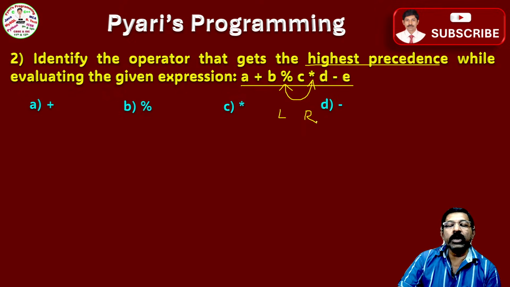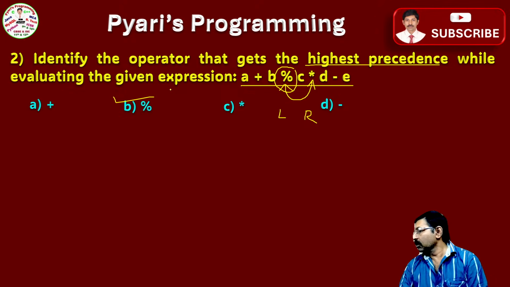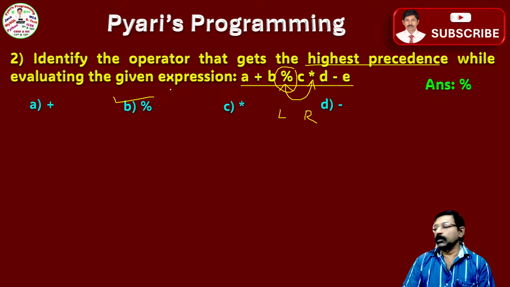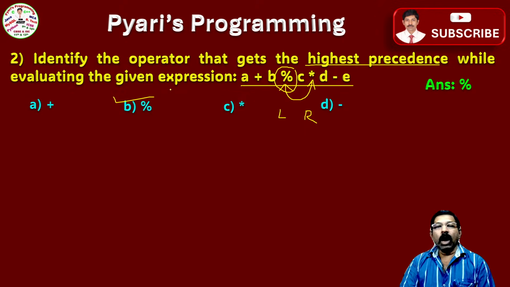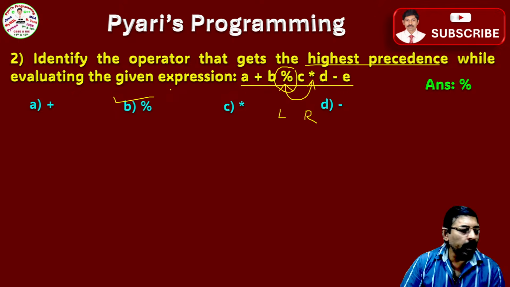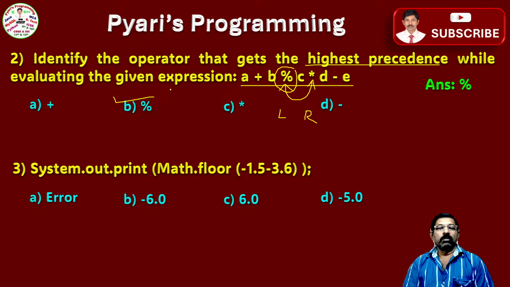Hence, which one has indirectly the highest priority in this expression? It is modulo. Hence, this will be our answer. Okay, hope everybody has understood. As Subramse has also given you the explanation of how exactly it is not multiplication. Somebody has given multiplication. Some students, I can say, maximum have given the modulo operator.